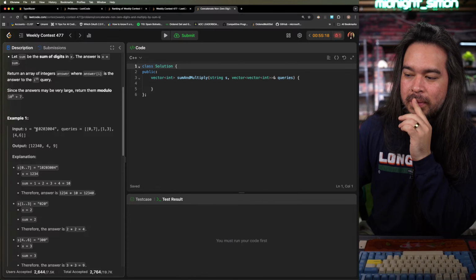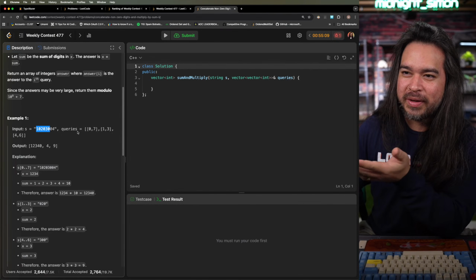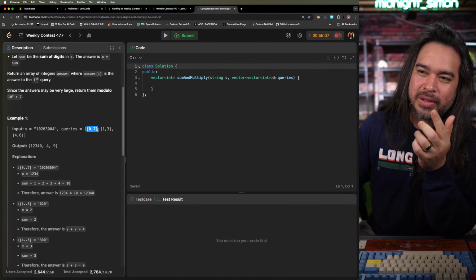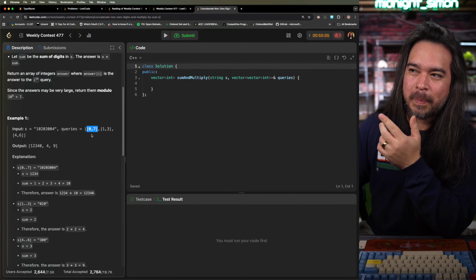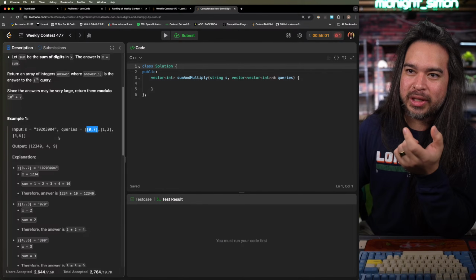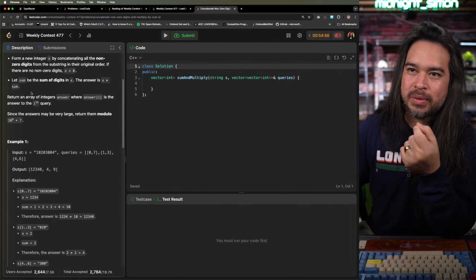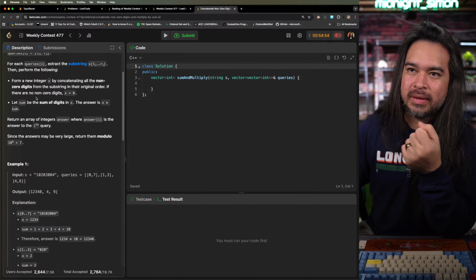Maybe... I'm trying to think of some way we can apply prefix sums here, because prefix sums is a nice way to get the sum of a subarray, but I'm not sure how to apply that here. What do we really need?